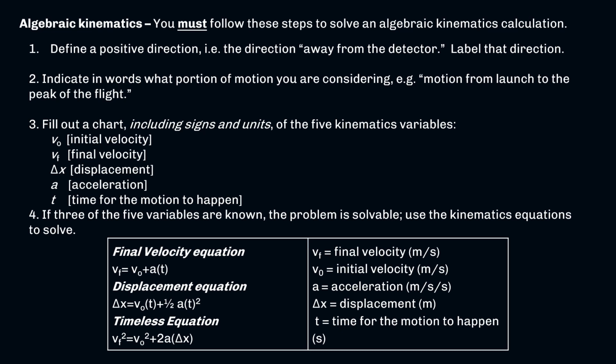So it's very important which way you define positive and which way you define negative, because if you define, say, up as positive and down as negative, and I call my initial velocity upwards a negative number, I've screwed up the entire problem. So just keep with whatever sign you use.